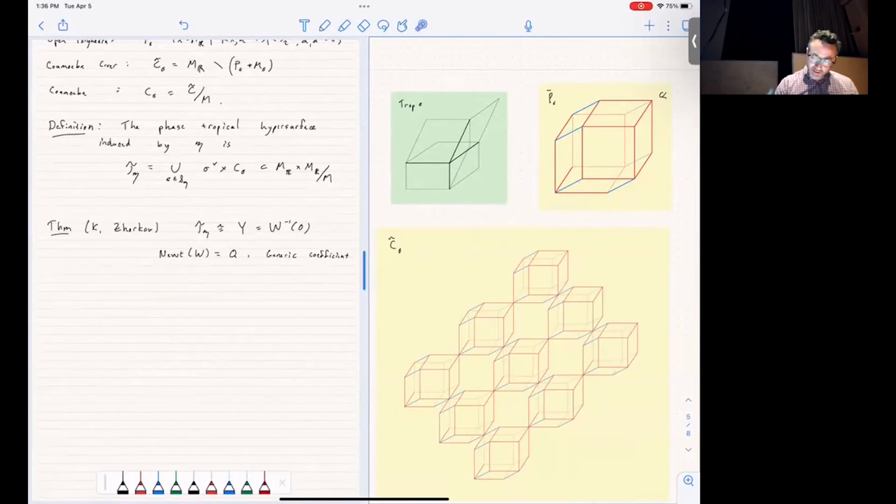Remember that the coamoeba is the complement of all of these polytopes, so you get a local structure that looks like the other example I was showing in the beginning, the complement of these two cones. Okay.